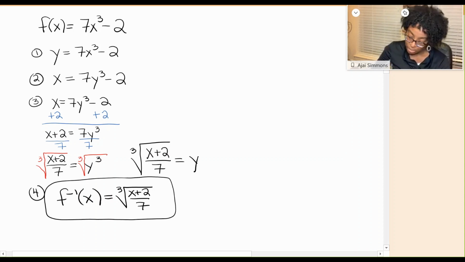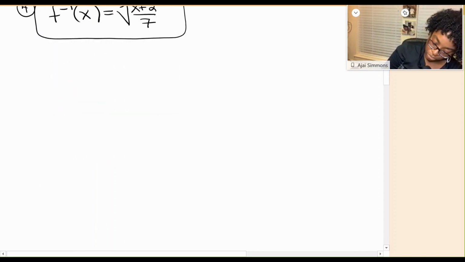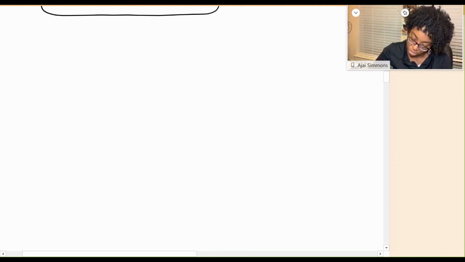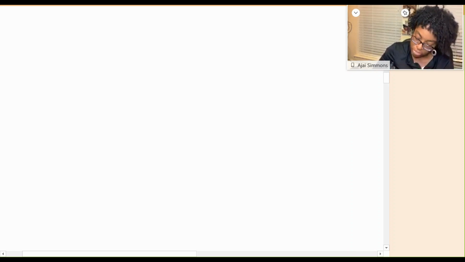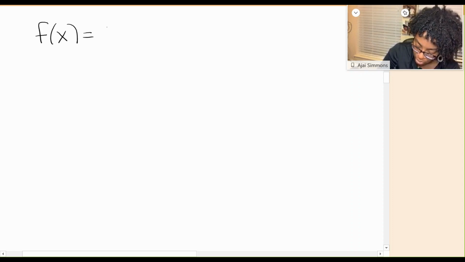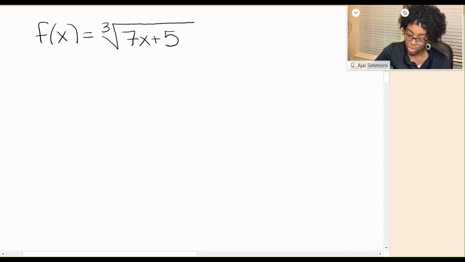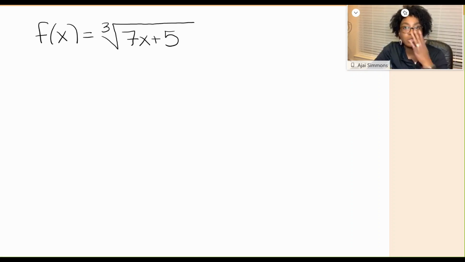Let's look at another example. I'm trying to think of something. Let's go backwards. So I need to find the inverse of this, right?